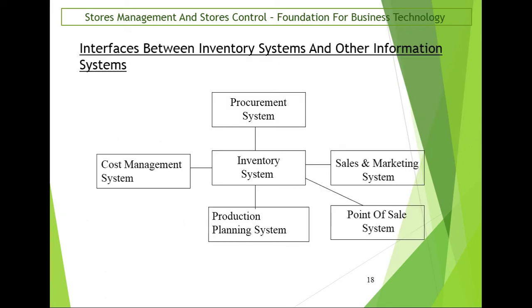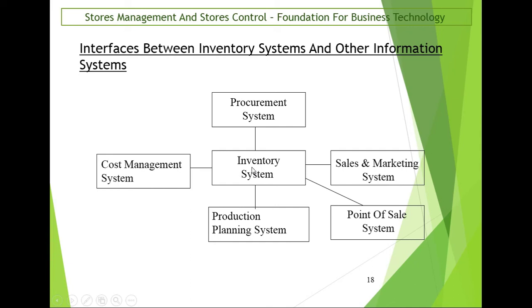Our stock system does not work in isolation. It has got interfaces with other systems within the organization. So you can see our inventory system in the center here. The inventory system is linked to your procurement system because procurement is the one that purchases the stock for us and brings the materials into our stores.